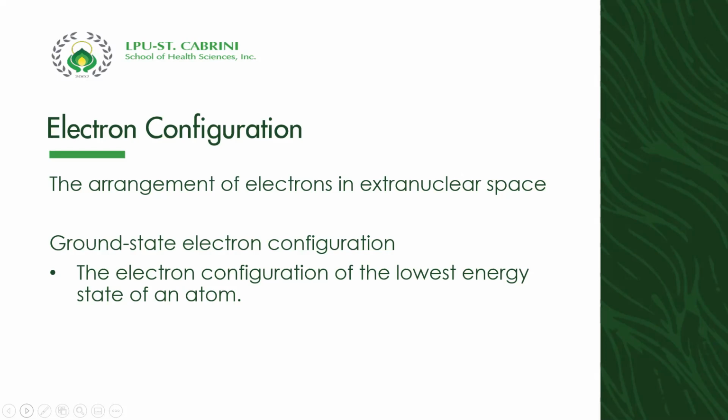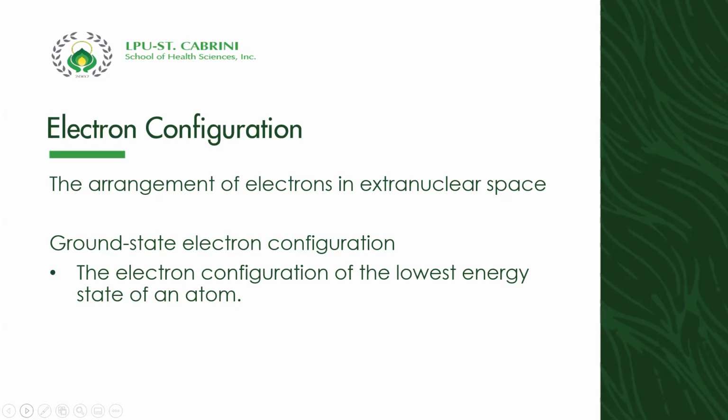The orbitals of all atoms are named 1s, 2s, 2p, 3s, 3p, and so on. Now we have what we call ground state electron configuration. What does it mean? Ground state electron configuration is the electron configuration of the lowest energy state of an atom.